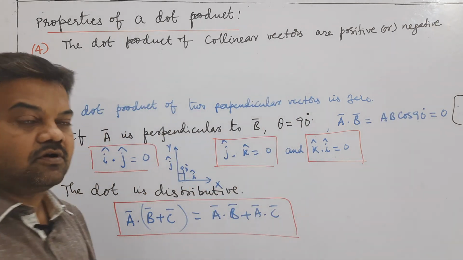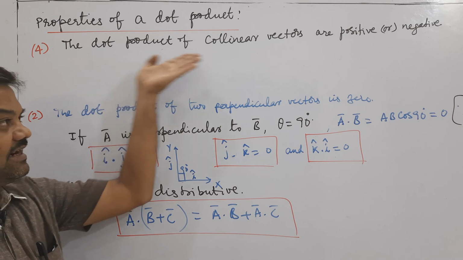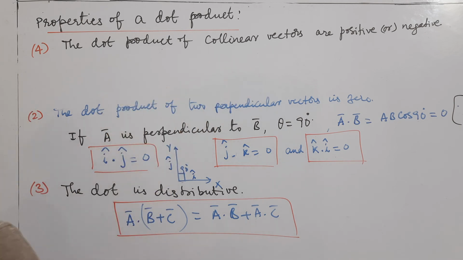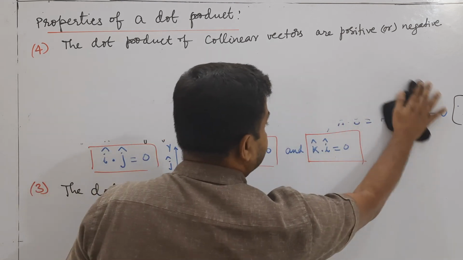The dot product of collinear vectors. What is a collinear vector? Two vectors lying along a line. If two vectors are in the same line, then we can call them collinear vectors.